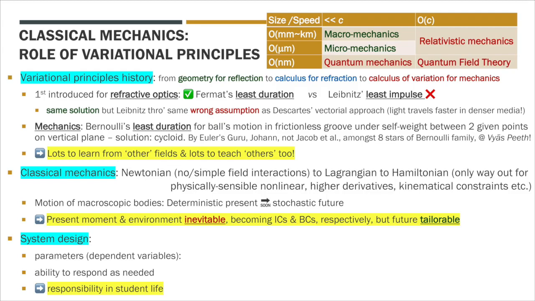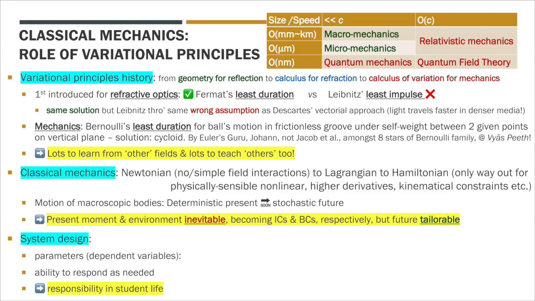We will not cover very high speeds at large scales of matter, which is relativistic mechanics, or at smaller scales of matter, which is quantum field theory, QFT, nor will we at lower speeds cover very small dimensions, which is in the realm of quantum mechanics. But a lot of things that we talk about can, with appropriate modifications, be extended to these as well.